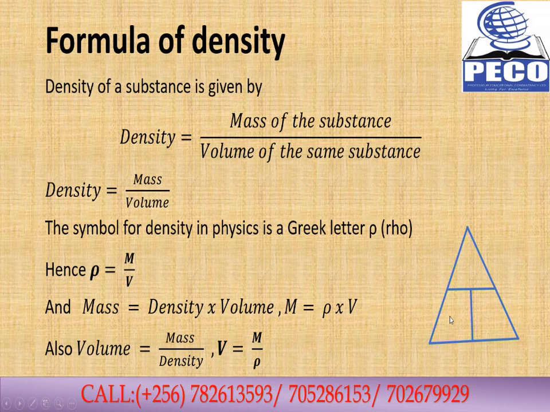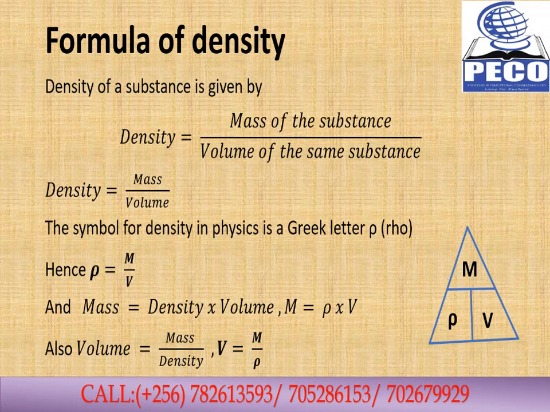Okay, for you to easily remember this, I have put here a triangle which helps you to master the formula. In this graph we have density rho is given by mass, which is up here, over volume. The density is mass over volume. If I want to get mass, then this mass here is density times volume, which are on the same level here.